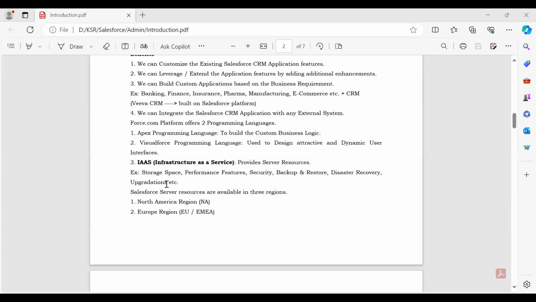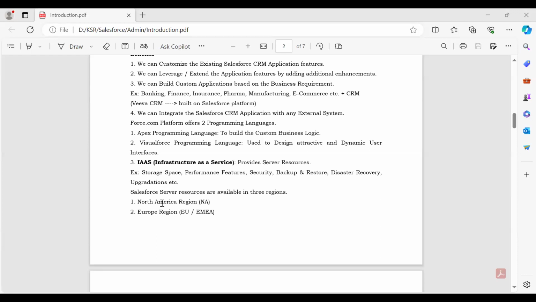Because we no need to maintain any local servers. The data will be stored in the cloud servers. So the infrastructure required to maintain and manage your data will be provided as part of this infrastructure as a service cloud computing model. And where are the servers available? Salesforce server resources are available in 3 regions throughout the world.